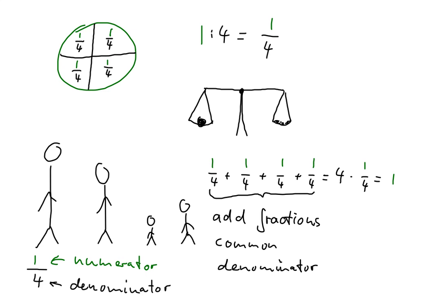And if you want to add all these, have the common denominator. I will do it on the next slide, okay? So you have 1/4, you have it 4 times. It doesn't matter how often you have it. In this case, we just add it together to one pizza again. All have the common denominator, and what you then do is just use the one common denominator and then add all numerators together on top of the line.